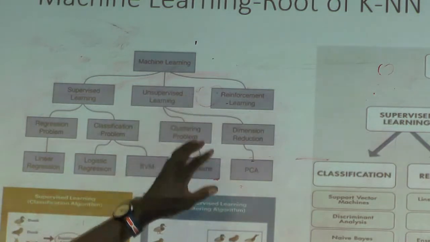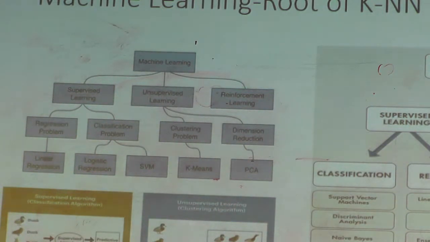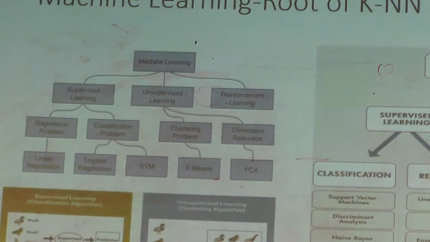Under unsupervised learning, you can deal with any clustering problem. You can also carry out what we call dimension reduction. Now, what do you mean in a simple sense by dimension reduction? You have 100 inputs and you have one target, for example.